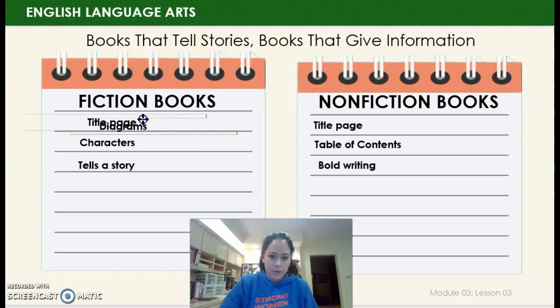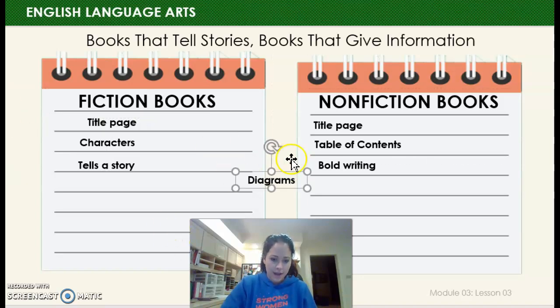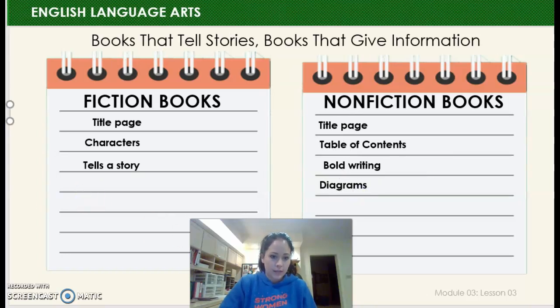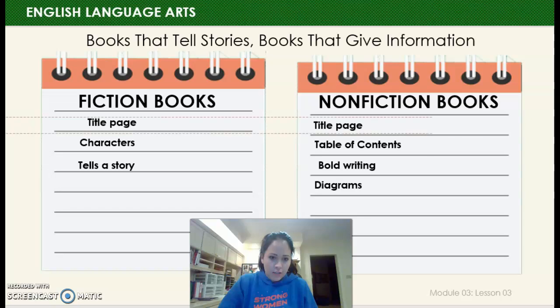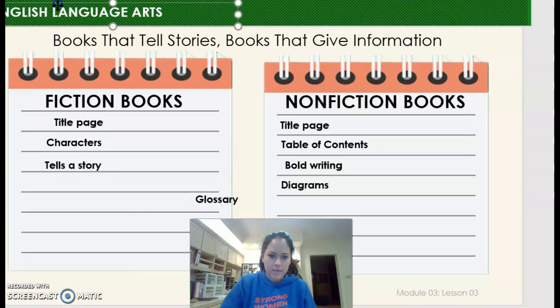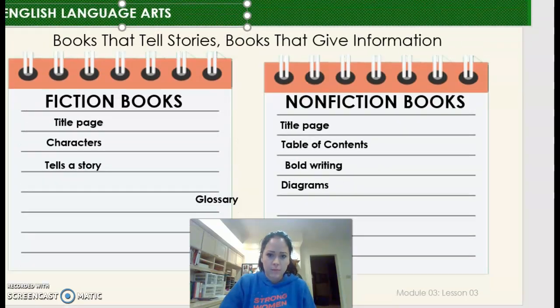Now, which type of books have diagrams? Pictures that show different pieces of information. Nonfiction books. And close to finishing, what about a glossary where you can find what different words mean? What vocabulary you're reading about.